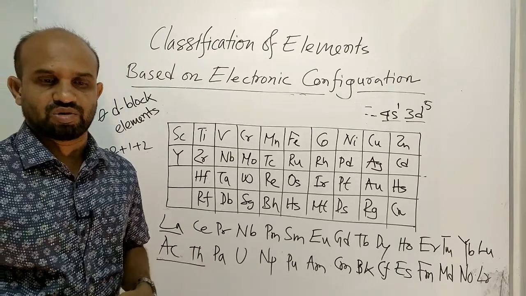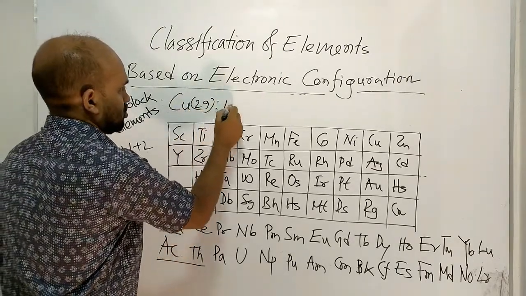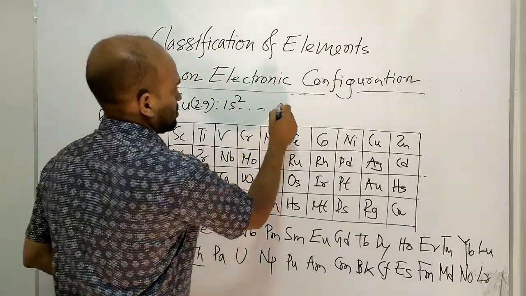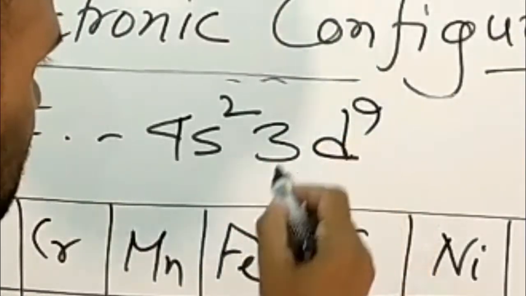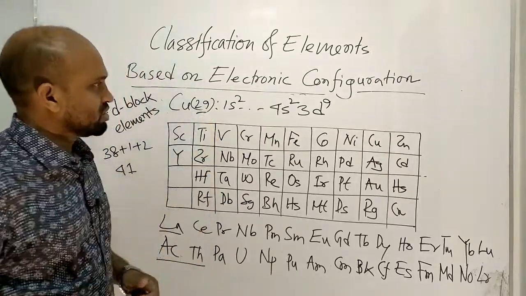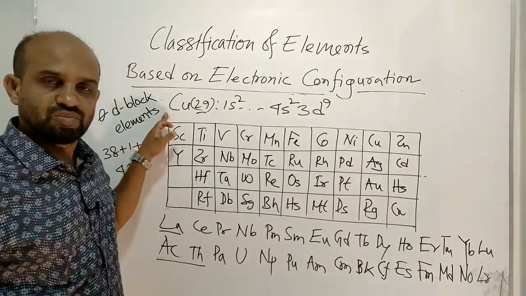Let's see another example. Copper 29. 1s2, 4s2, 3d9. Here also the last electron enters the d orbital, so it's a kind of d block element.